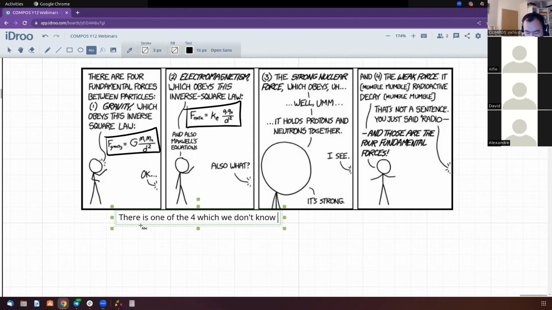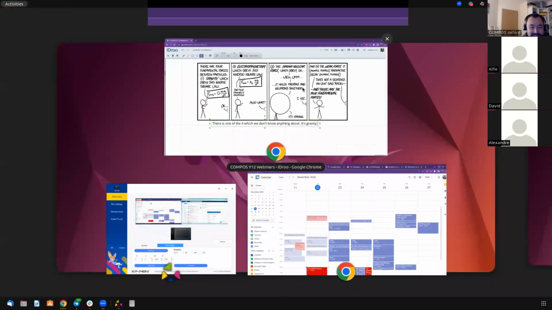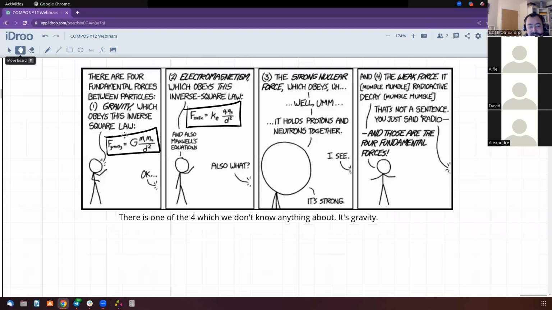I don't remember the exact phrase. It's gravity. Okay, so we haven't figured out gravity, pretty much. Physicists have not figured out how gravity works as of yet.